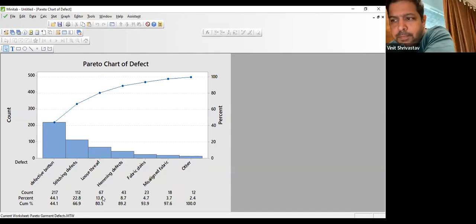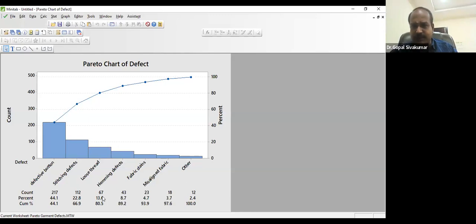That means 80% of your cost of poor quality are due to defective buttons, stitching defects, and loose thread. Only fix these three problems, and 80% of the customer complaints will vanish. If you just focus on three defects.